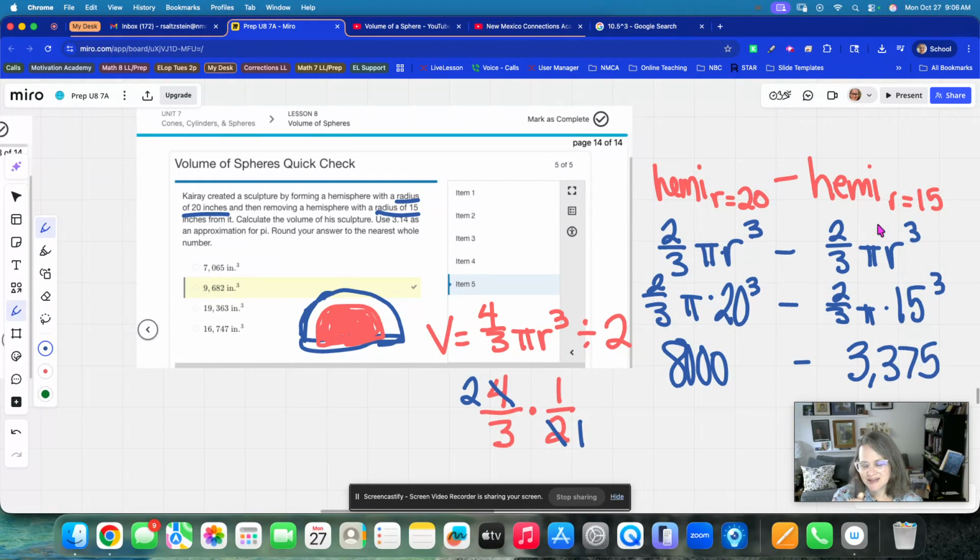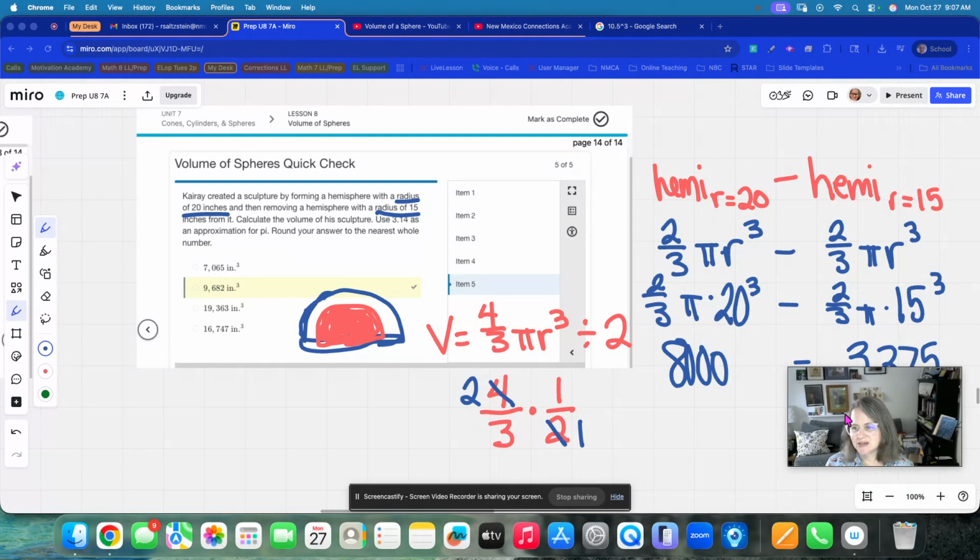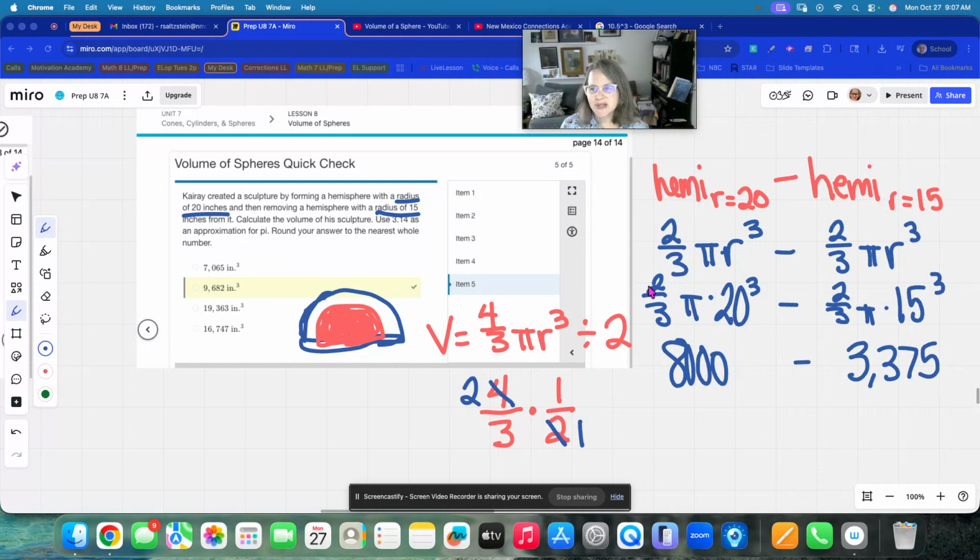All right, so check this out. Can we say that they are both 2/3 pi? Just hold that aside for now, and we're going to subtract the coefficients. Then it'll be some number times 2/3 pi.